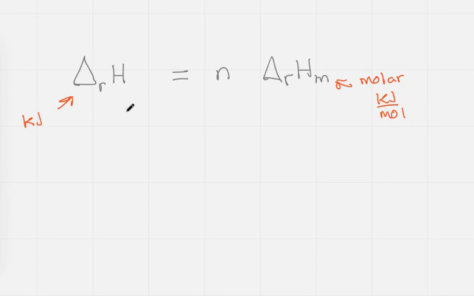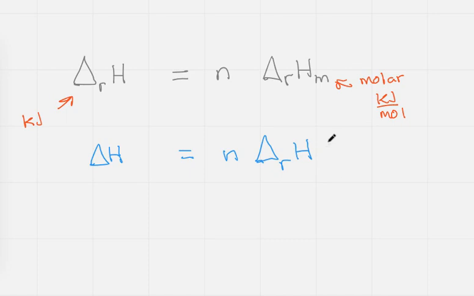I don't like this notation because delta RH and delta RHM are way too close together, but it does get used a lot, and honestly, this is not the worst thing you're going to see out there. In the textbook, they write this a little bit differently. They just put delta H on the left side equals N, and then on the right they put delta RH.